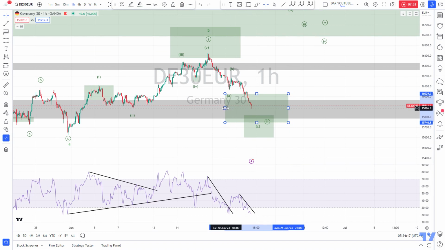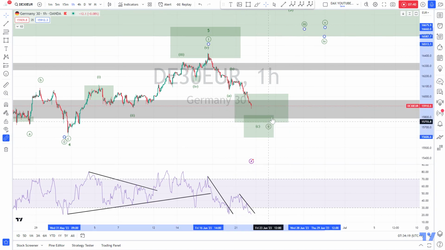This is what is common according to the principles of Elliott wave theory, but it can retrace more than the 0.854. It can, as long as we do not take out this one, it can still be a wave 2.